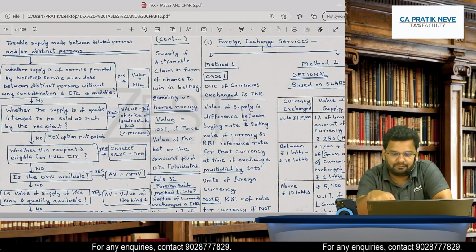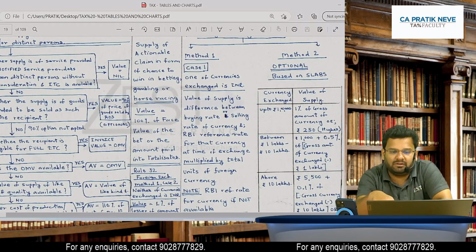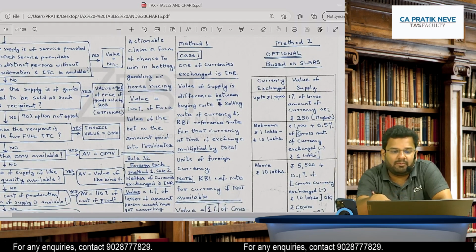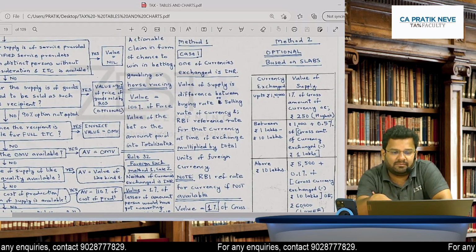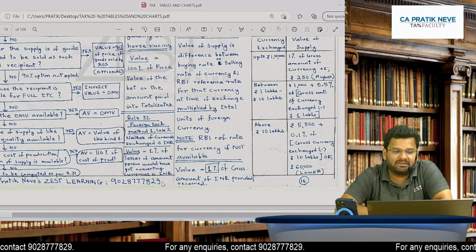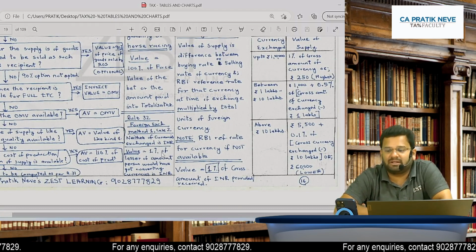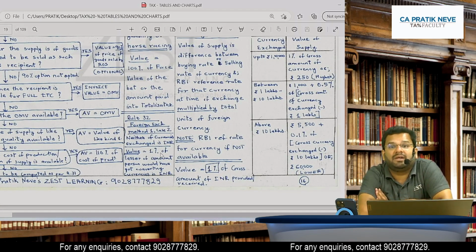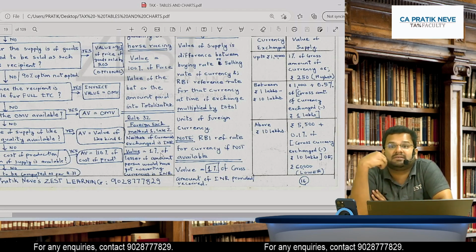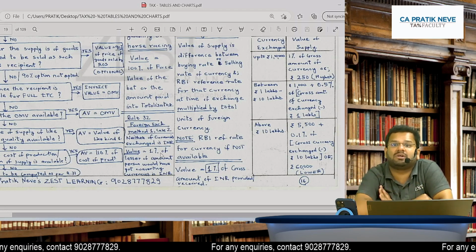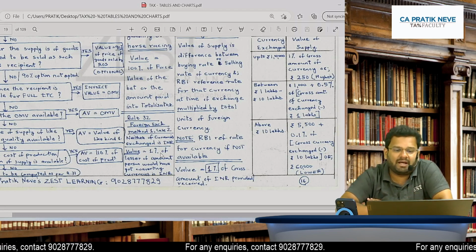Then there will be one more case here, that is neither of the currencies exchanged is INR. Got it? Neither of the currencies exchanged is INR. Rupees is not involved. Means agent in India has given, say, Australian dollars and accepted US dollars. Then what will be done?